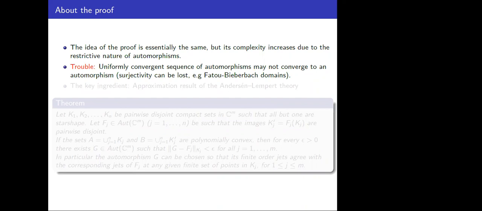The idea is that omega is biholomorphic to Cn, right? And these are usually obtained as a basin of attraction of an attracting fixed point.